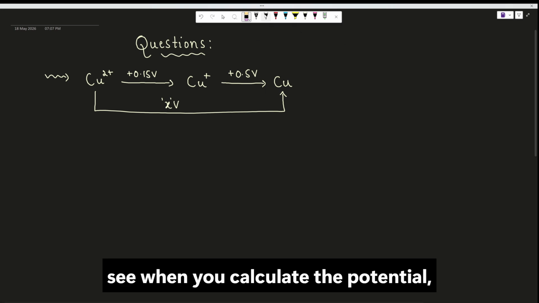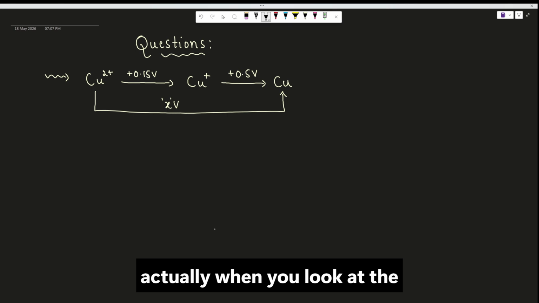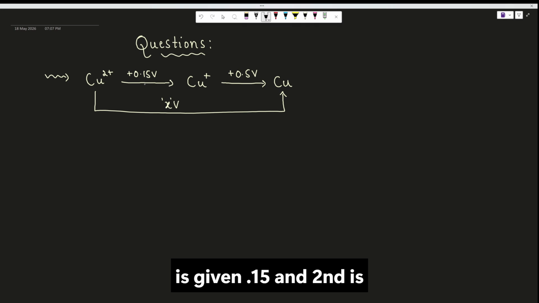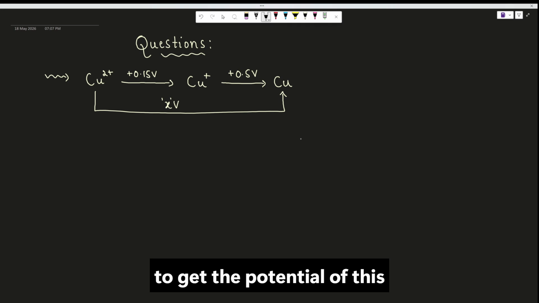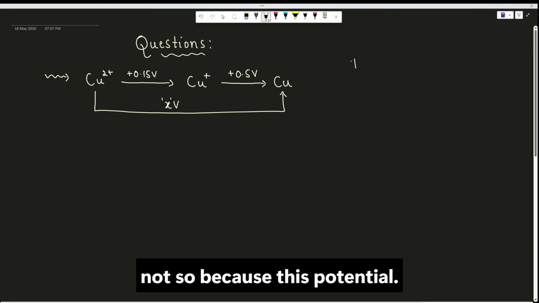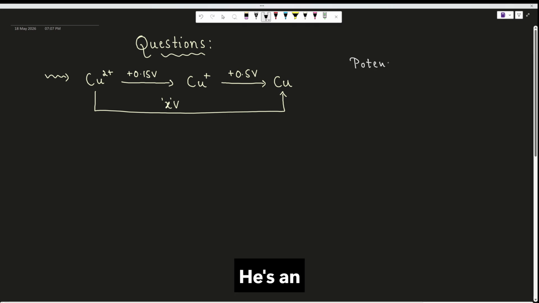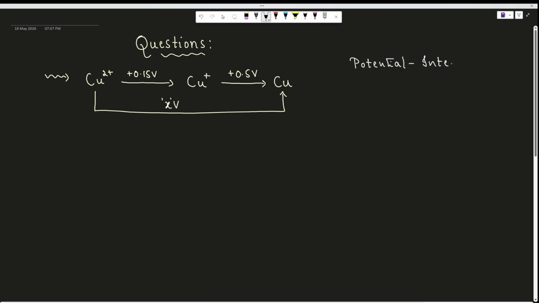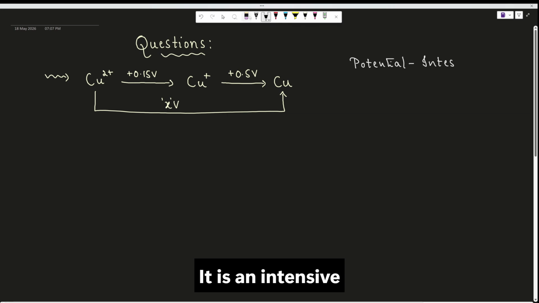Okay. So see, when you calculate the potential, actually when you look at the reaction, you assume that first potential is given 0.15 and second is 0.5. So simply we can add to get the potential of this total reaction, right? But it is not so, because this potential is an intensive property.